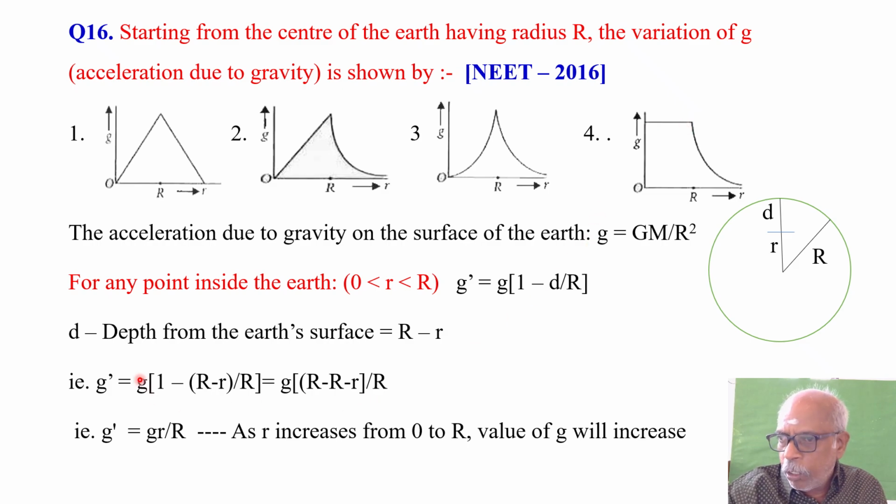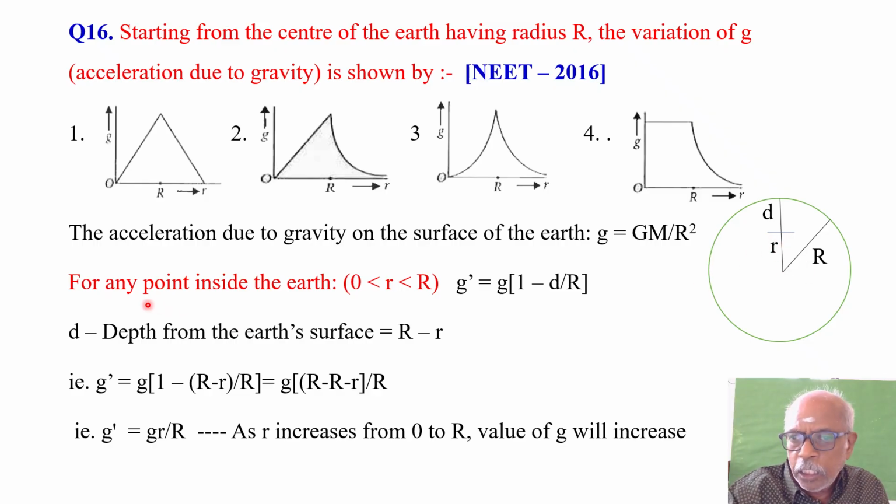For any point inside the Earth, the point may be at the center of the Earth, or somewhere just below the surface. Here d is the depth from the surface of the Earth, and r is the distance between the center and the point.